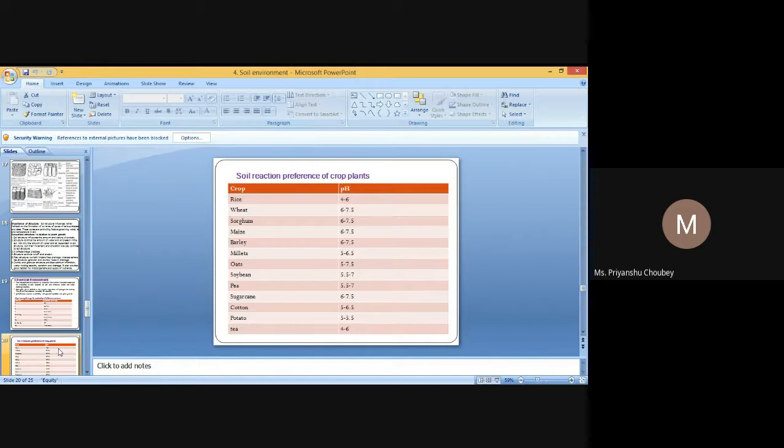So all these pH ranges show us different types of crop activity.